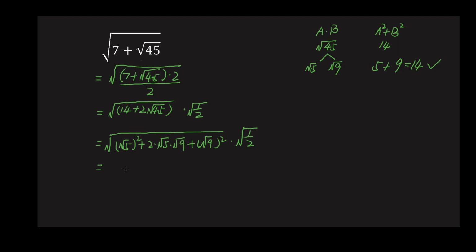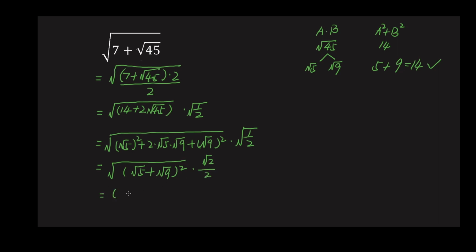And that is the square root of (square root 5 plus square root 9) whole squared times square root 2 over 2.